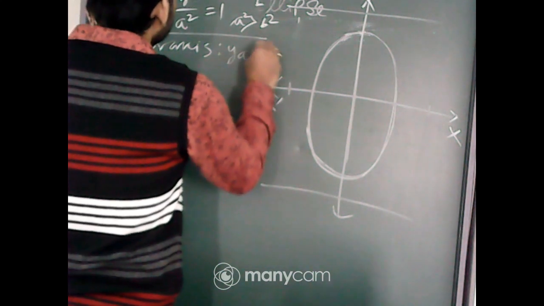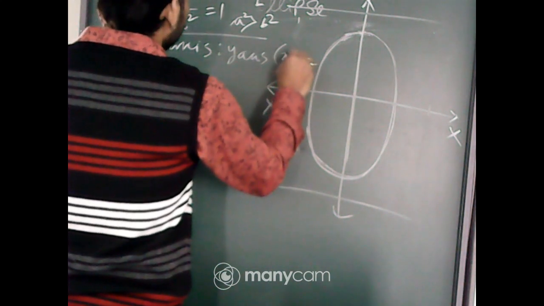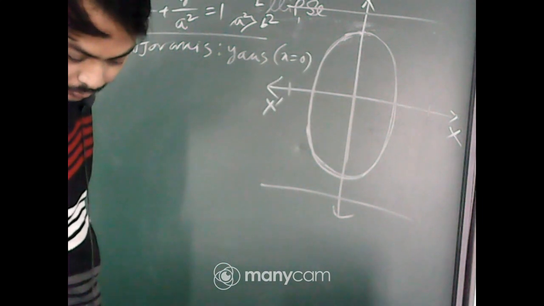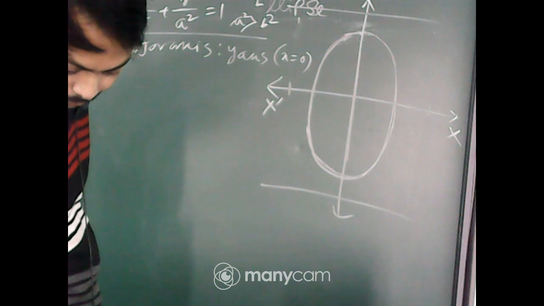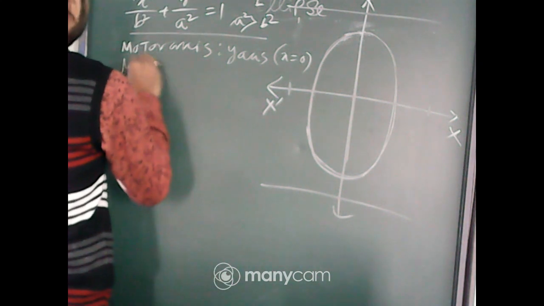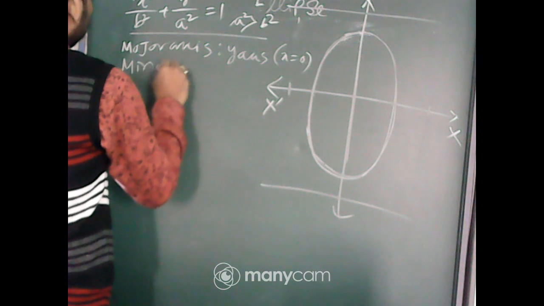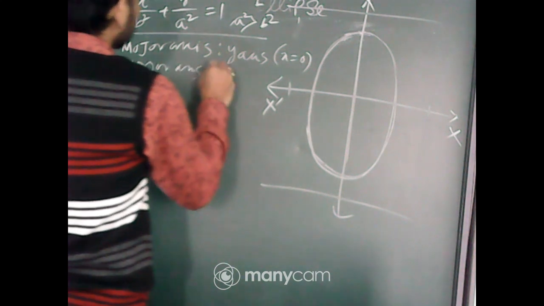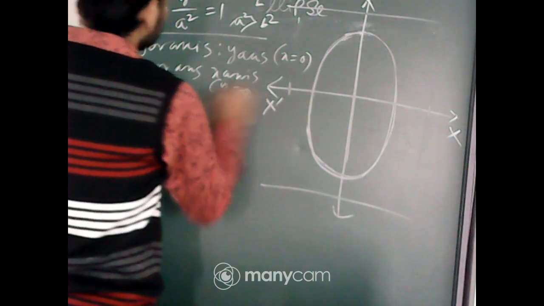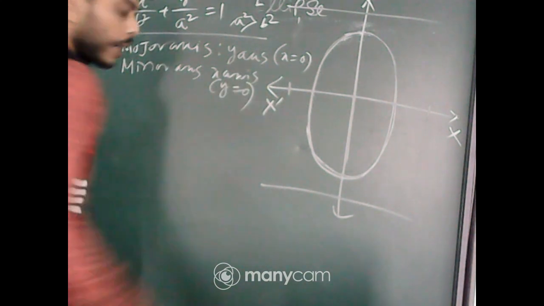So the equation is x equals to 0. Now the minor axis is x axis, that means y equals to 0.